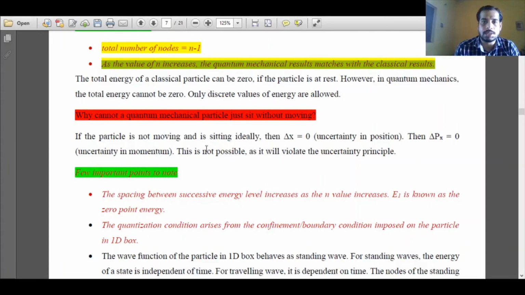So that's why the quantum mechanical particle cannot just sit without moving; it has to move, and it cannot sit idle.